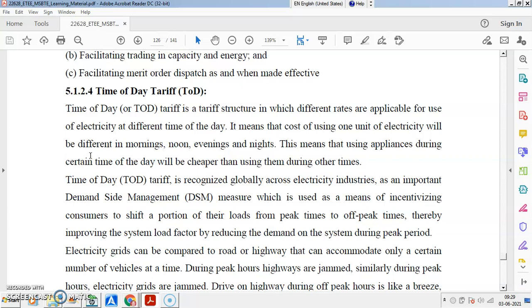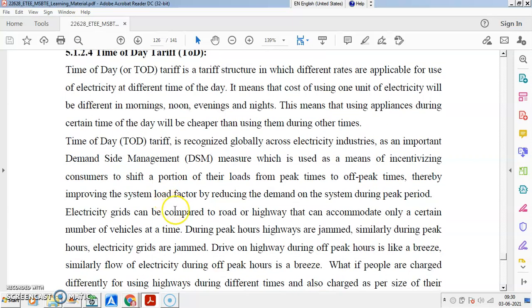It means that using appliances during certain times of the day will be cheaper than using those same appliances at other times. So time of day tariff is recognized globally across the electrical industries.